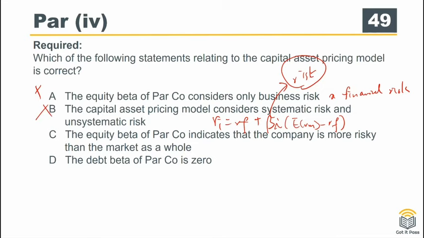For C, the equity beta of power company indicates that the company is more risky than the market as a whole. So what's the market as a whole risk? Okay.